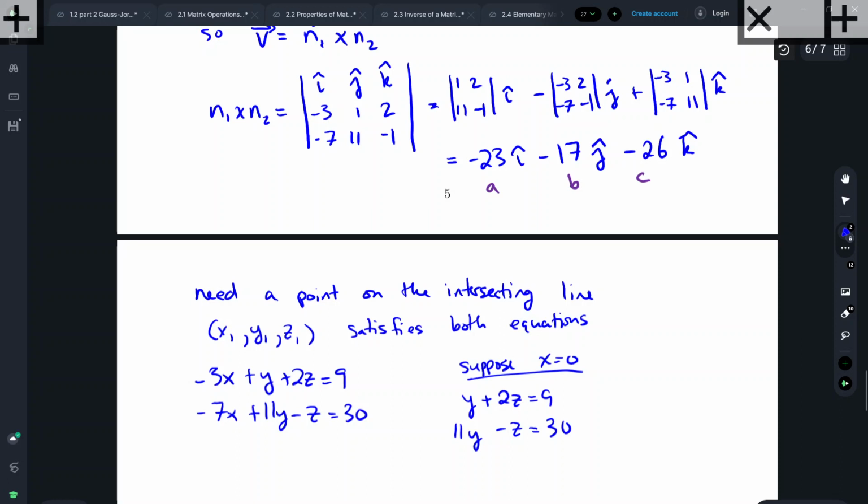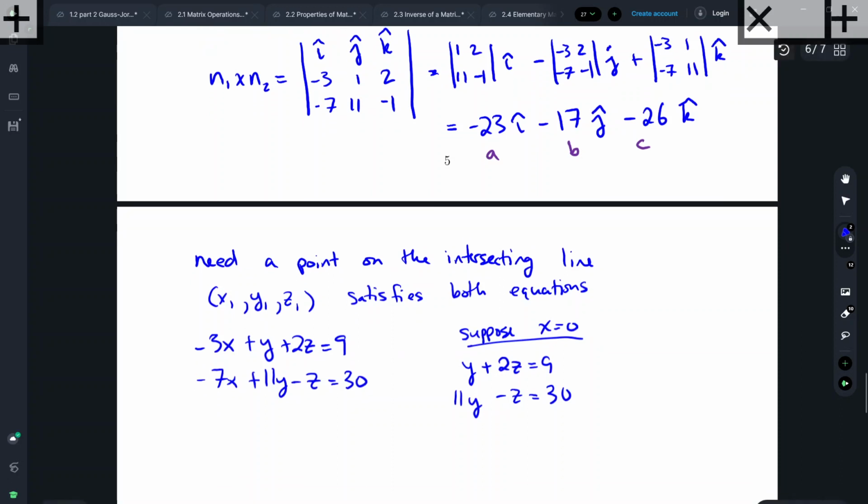So we just need to solve these equations, and we can do it by, say, elimination. Keeping the first equation the same, multiplying the second one by 2, you get 22y minus 2z is equal to 60. And now we can add the equations to eliminate the z variable, as you get 23y is equal to 69.